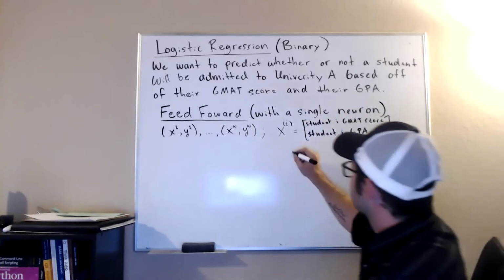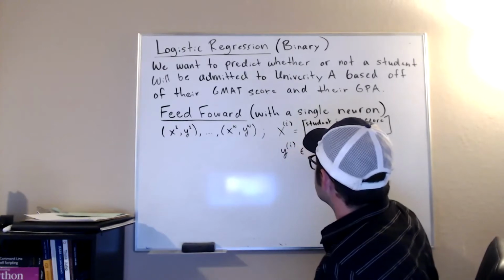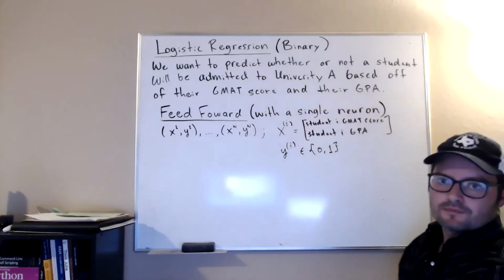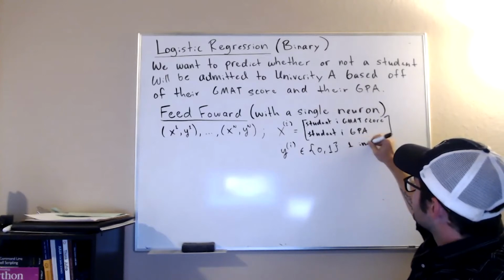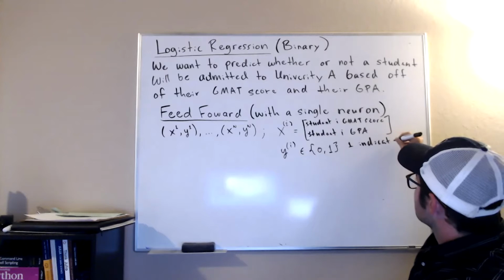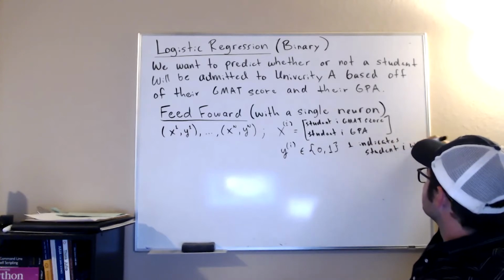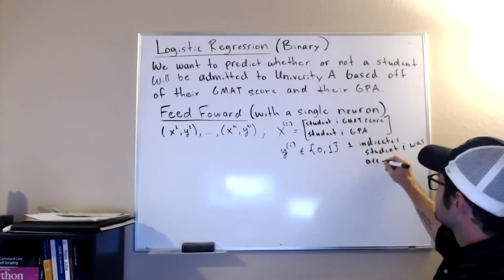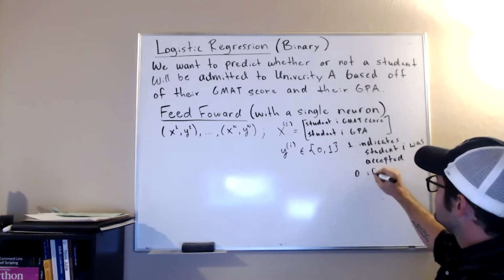And then y sub i is just an element of the set {0, 1}, where 1 indicates student i was accepted to University A, 0 if not.